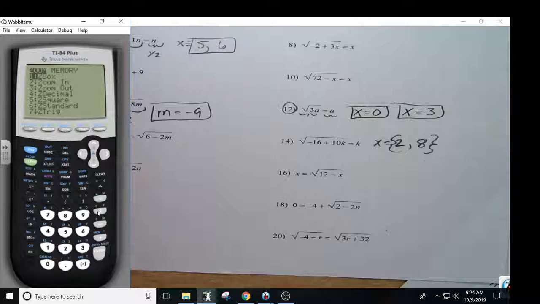All right. So what I'm going to do, if you look at your graph, it looks like they don't intersect. That's what it looks like to me. This might be a no solution. So I'm going to zoom in using ZBox. It's probably a domain issue there.